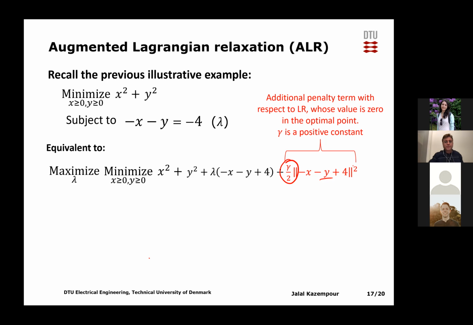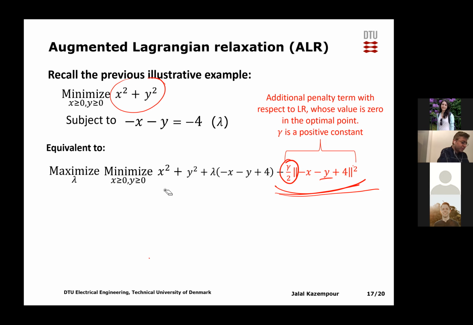I'm not sure I got your question, Kelly, to be honest. Which example do you mean? This, with this objective function. Yes. Since it's quadratic, we don't need that. But I kept it quadratic to be able to compare it with the previous example. Yes, okay, thank you. Since this is quadratic, no, we don't need to add it because our original function is already quadratic. But if we add it, it's not wrong. Right?